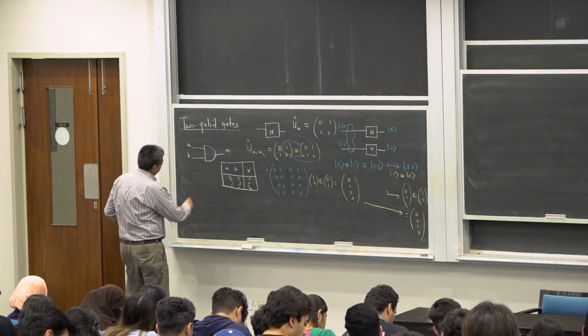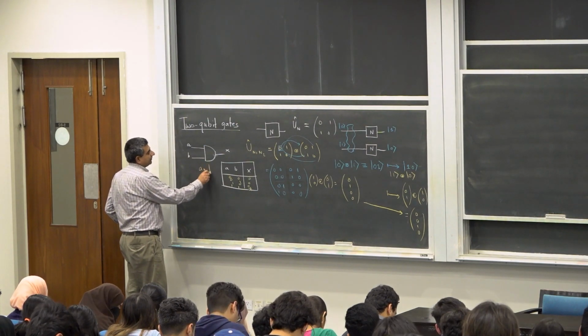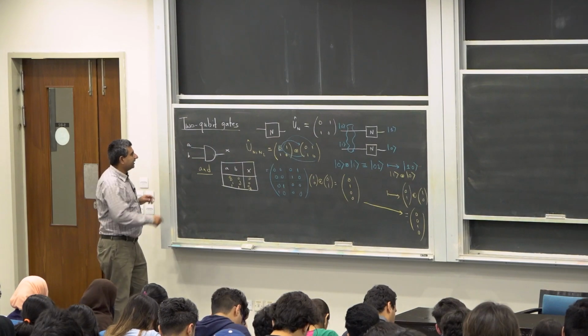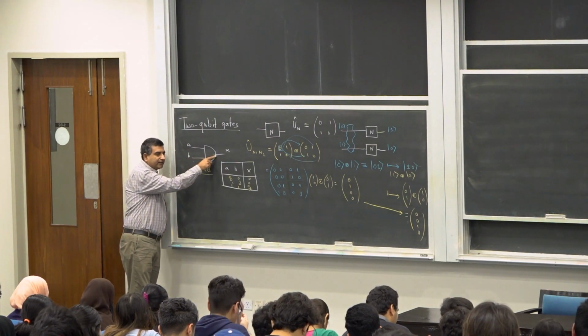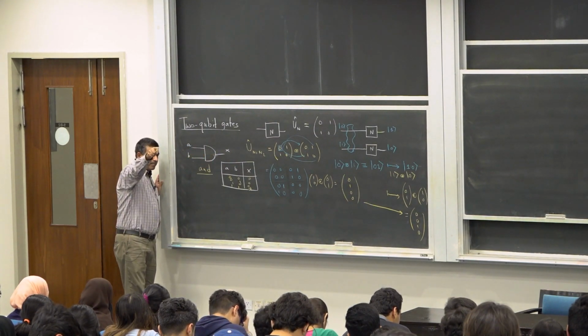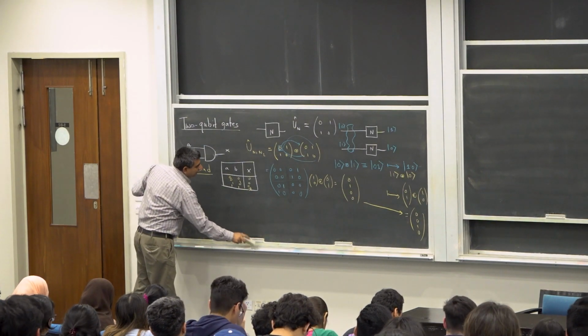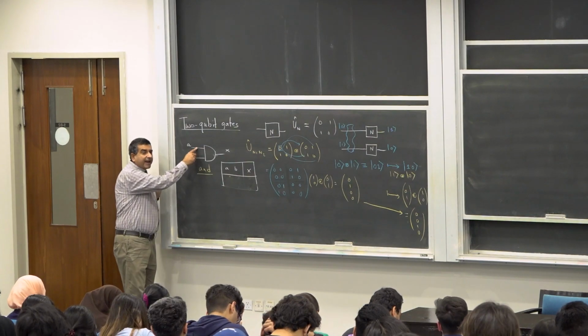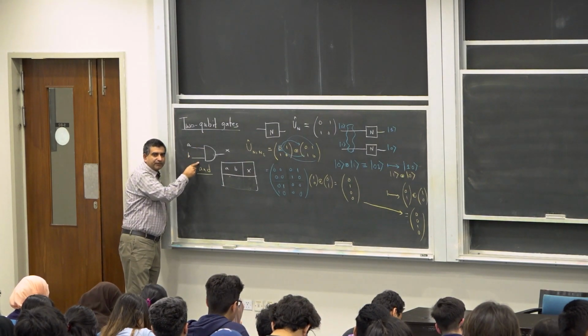An AND gate in classical physics is an operation that takes 2 inputs and gives out 1 output. And it follows a certain truth table. It takes the AND operation of these inputs.